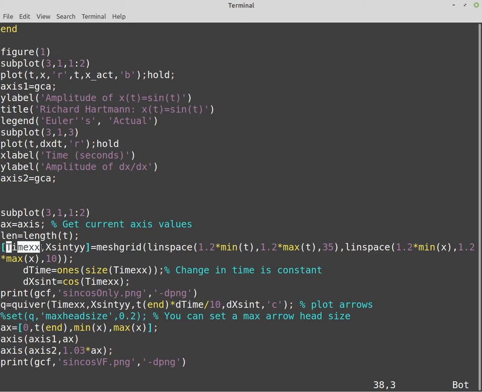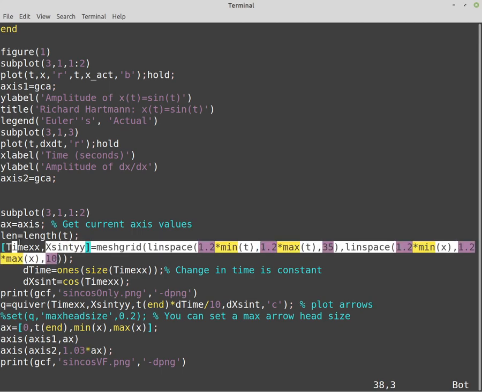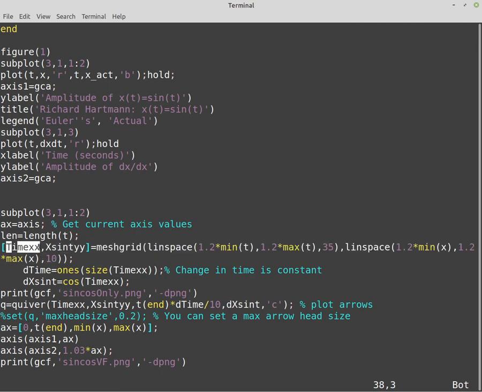This time x is a matrix with 10 values. For every 10 values of x, I'm going to have my time value, which is going to have 35. For every value of x, I'm going to have 35 different values of t.